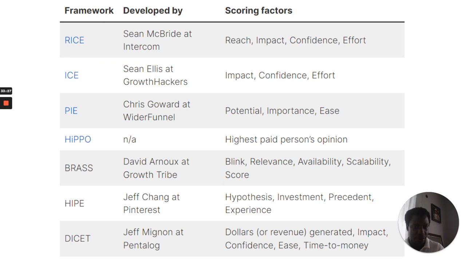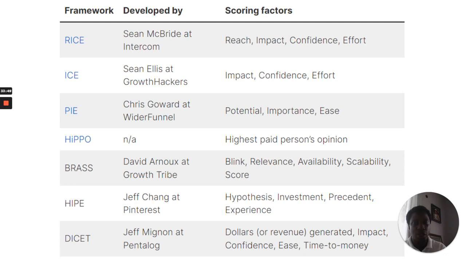These are a lot of frameworks being used today. You have the RICE framework, which means reach, impact, confidence, and effort. You have the ICE framework. You can choose any one, really. You can learn more about each of these frameworks, but pick one of them to prioritize your experiments, right?